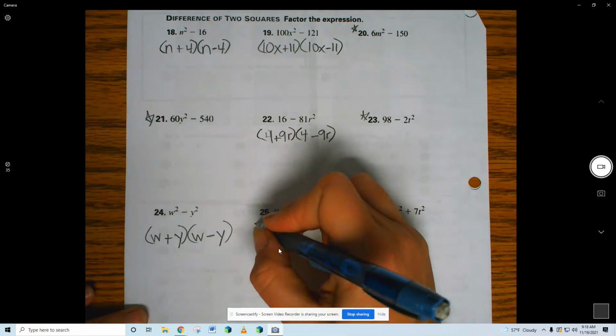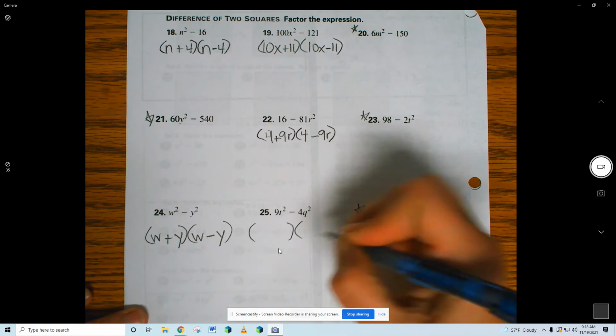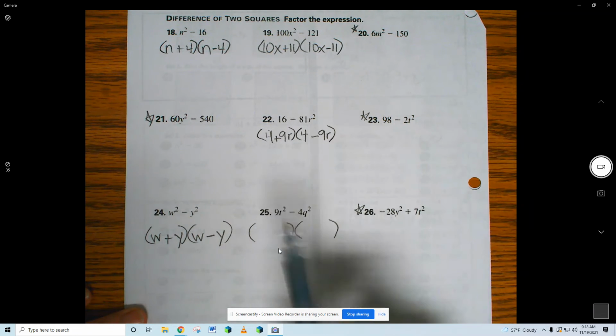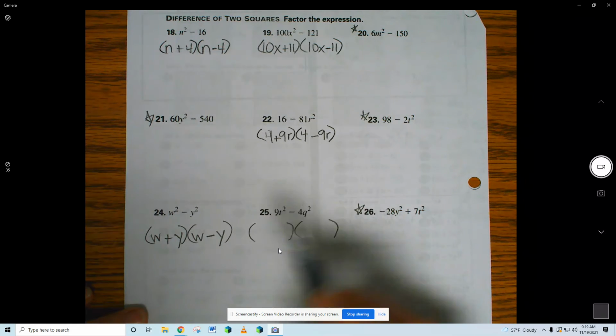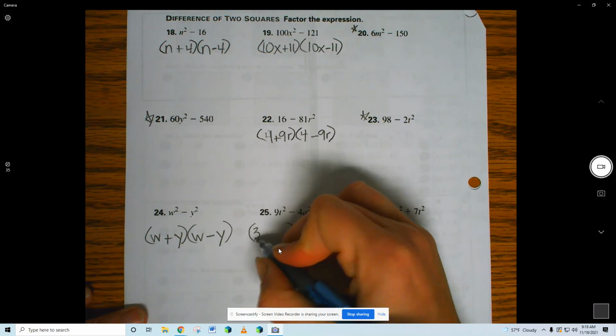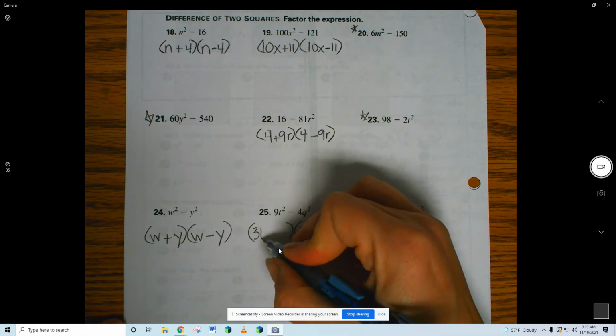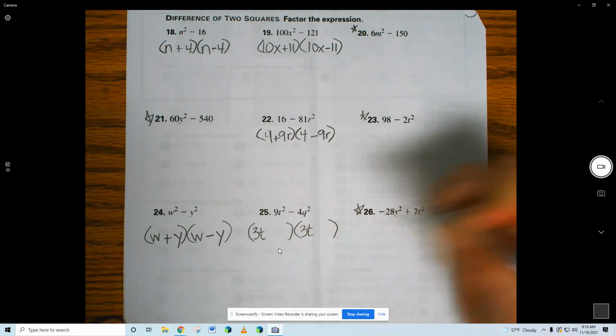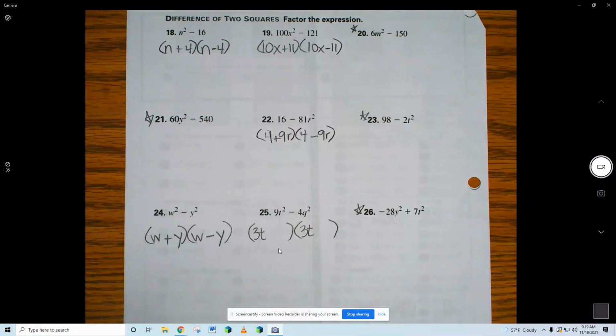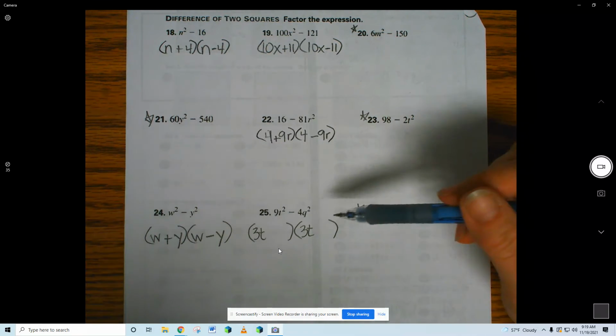Last one. What makes 9? 3 times 3. What makes T squared? T and T. Okay, I need space for this 4Q squared.